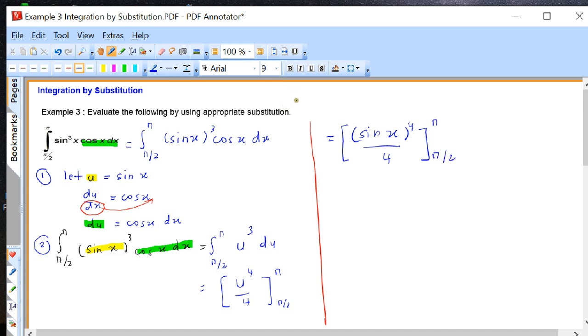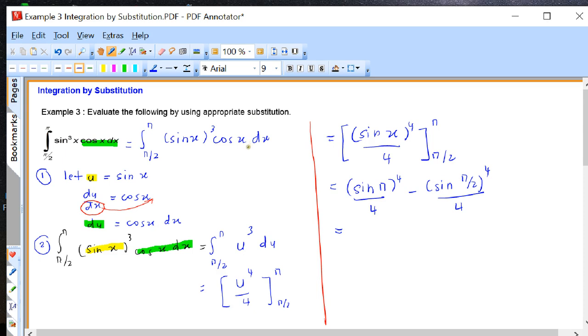Now once we have changed the function of u to x, then we can substitute the value of pi and pi over 2. So we have here sine pi to the power of 4 over 4 minus sine pi over 2 to the power of 4 over 4. And using your calculator, get the value of sine pi.